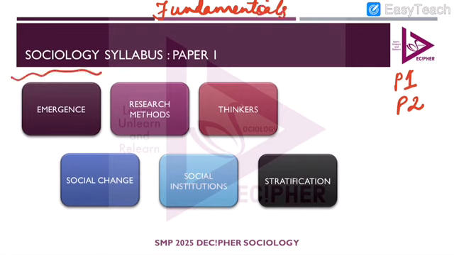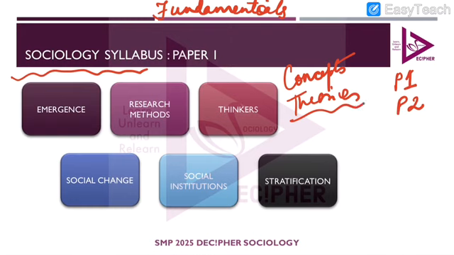What is paper 1 about? Fundamentals means naturally it will have certain concepts, it will have certain theories. You will also learn about how society or sociology emerged. Everything will be included in this optional.